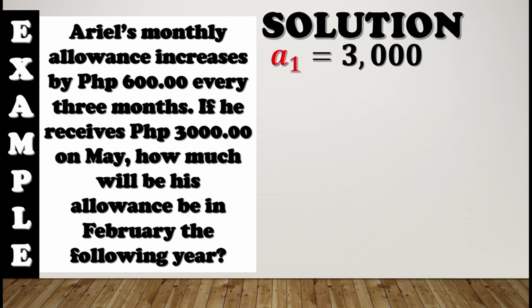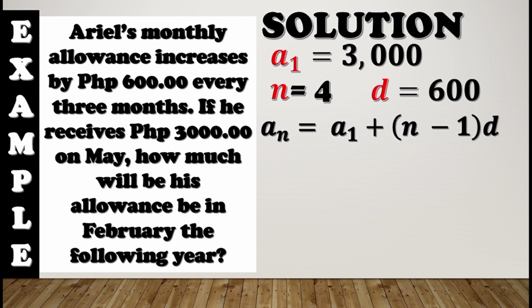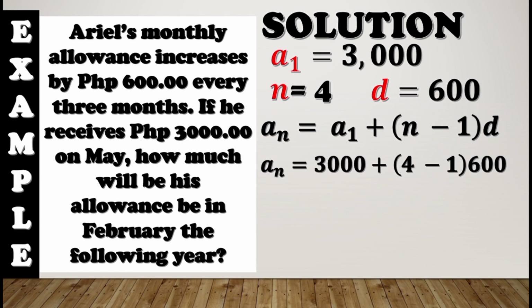A sub 1 is equal to 3,000, n is equal to 4, and the common difference is 600. Using the values given, substitute this in our arithmetic sequence formula. A sub n is equal to a sub 1 plus quantity n minus 1 d. By substitution, we have a sub n is equal to 3,000 plus quantity 4 minus 1 times 600.